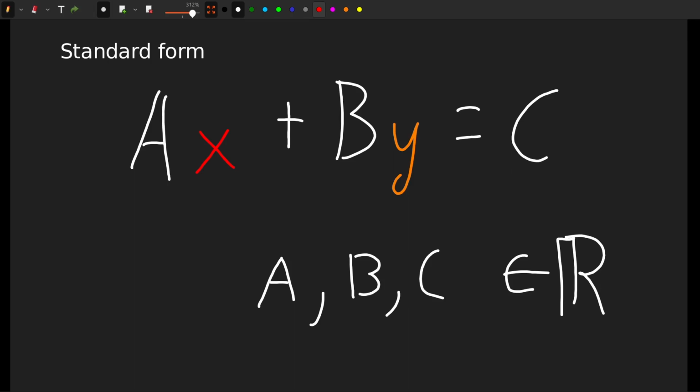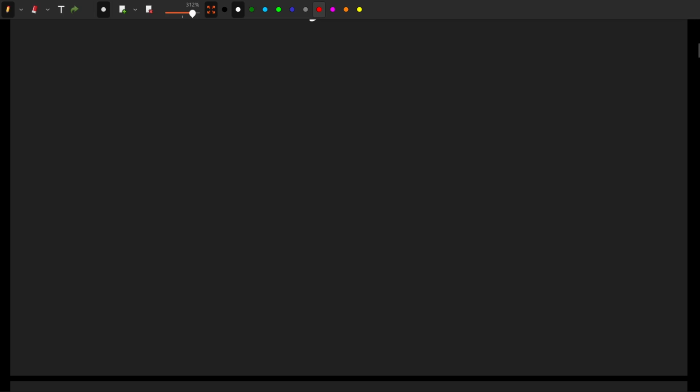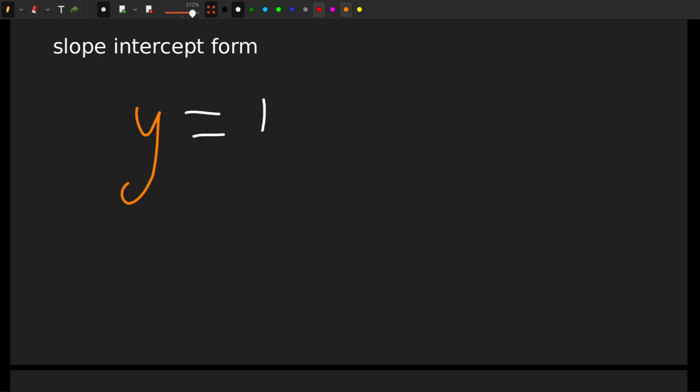There's also a more common form called slope-intercept form, which we'll be using quite a bit, and you're probably going to be using quite a bit in your class. The slope-intercept form looks something like this: y is equal to mx plus b.